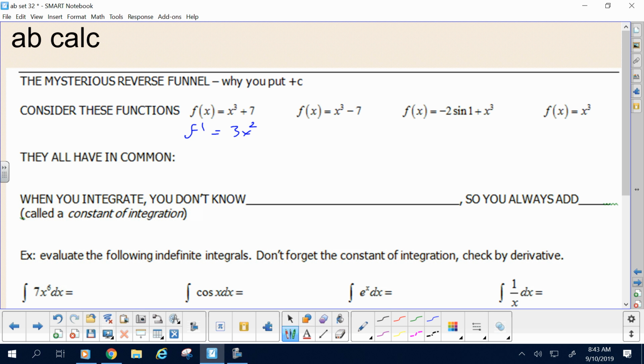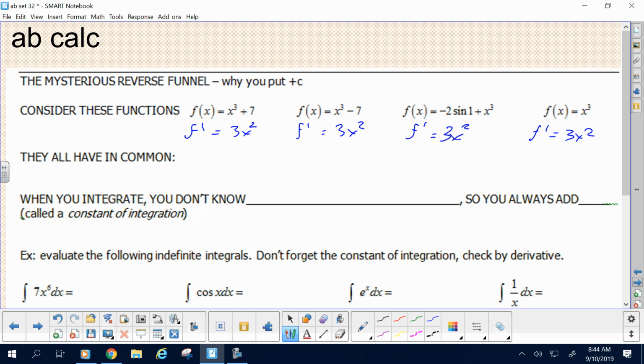This f of x, the derivative is 3x squared. This f of x, but sine's derivative is cosine, right? Yeah, but what about sine of 1? What's the derivative of that? Is that a function or a constant? Sine of 1 is a constant, so the derivative of that is still 3x squared, and obviously that's 3x squared.